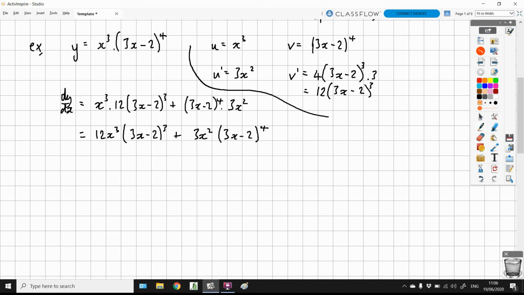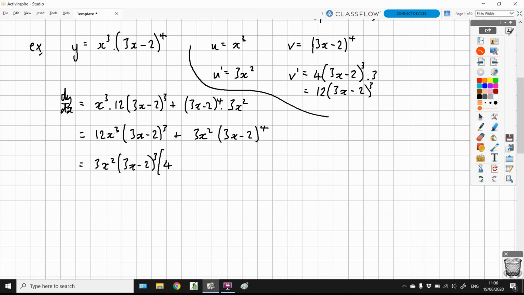Perhaps I'll make it more obvious as to what the common factors are. In terms of the numbers, a common factor of 3. In terms of the x's, a common factor of x squared. And in terms of this bracket, 3x minus 2 to the power of something, we've got a power 3 here, a power 4 there. So we remove all of that as a common factor. Now what's left? 3 times something makes 12, that's 4.